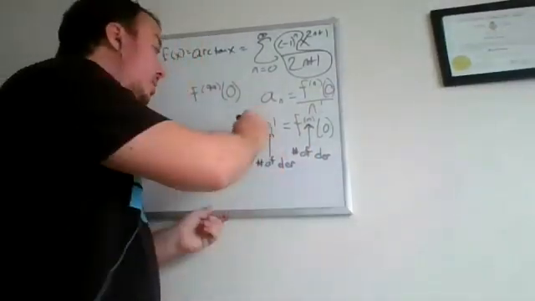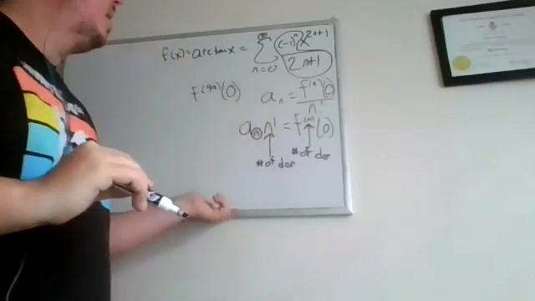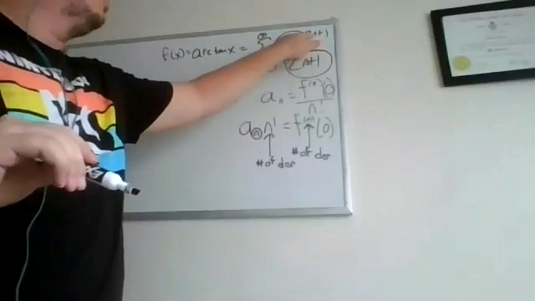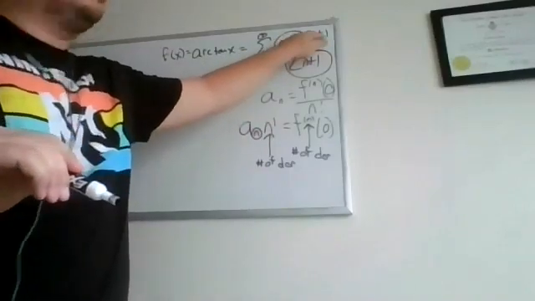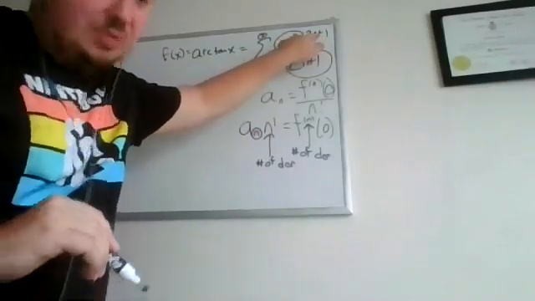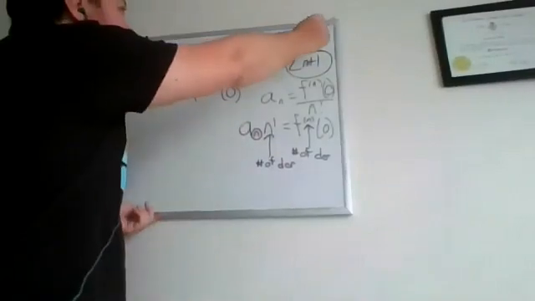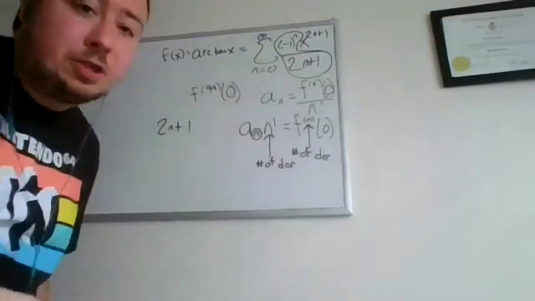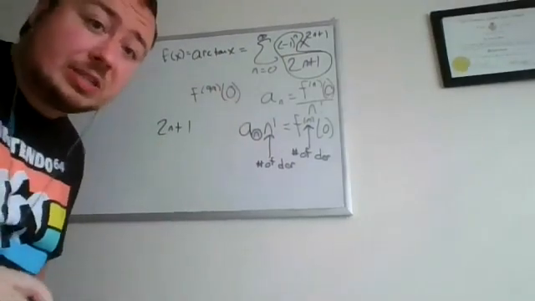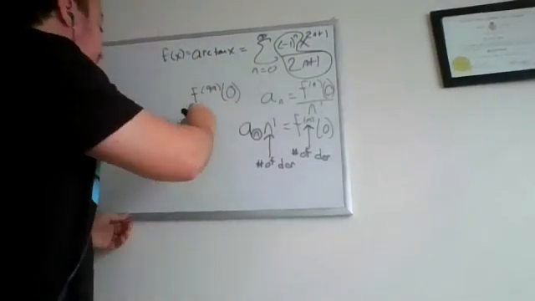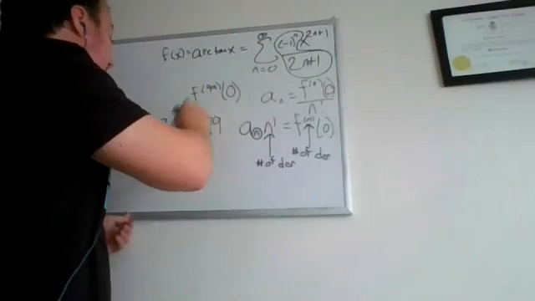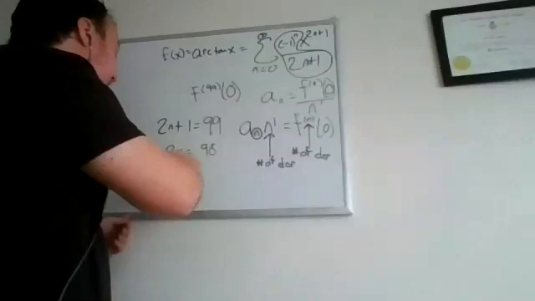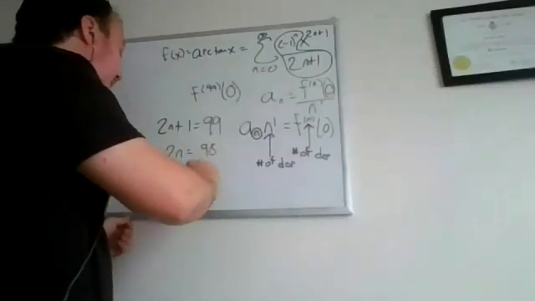In order to figure out what this n is going to be, we need to figure out what n makes the power of x match up to the one we want. So in our case, we want 2n+1 to be 99, because we're trying to get the coefficient that's next to x to the 99. So 2n+1 is 99, so 2n is 98, n is going to be 49.